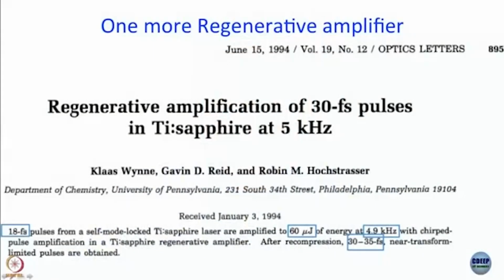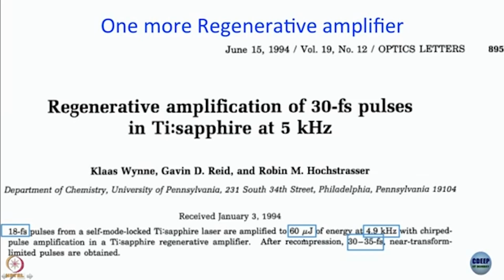I wanted to show this primarily because all this time we were talking about people who are laser physicists or engineers. This laser was built in the lab of a true blue physical chemist, Robin Hochstrasser. And just look at the parameters, 18 femtoseconds, shorter pulse. 18 femtosecond pulses from a self-mode-locked Ti-sapphire laser were amplified to 60 microjoule.